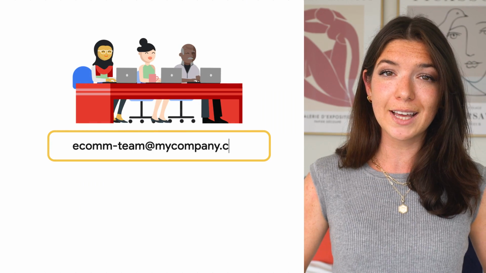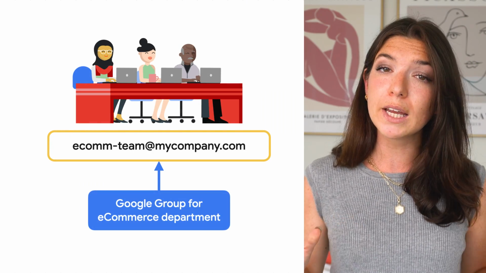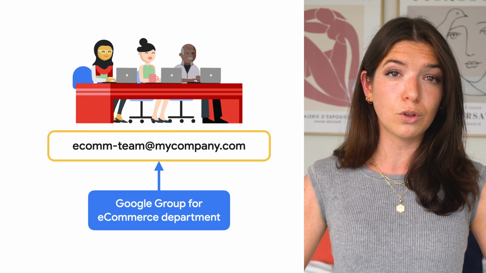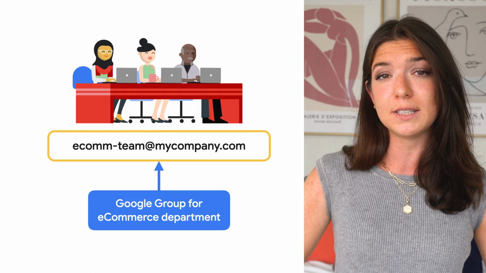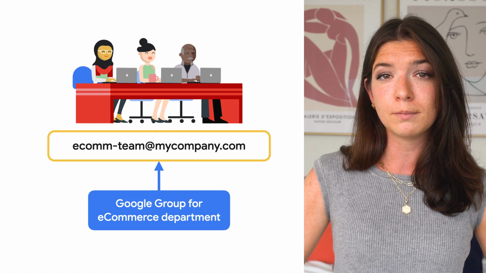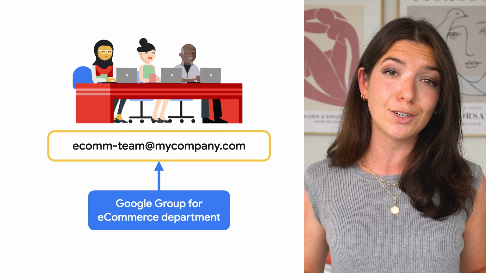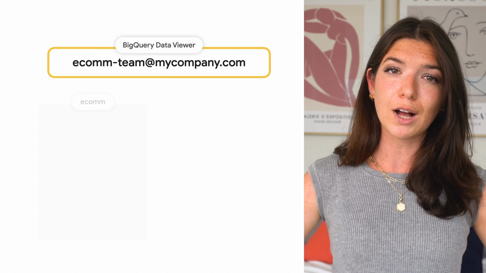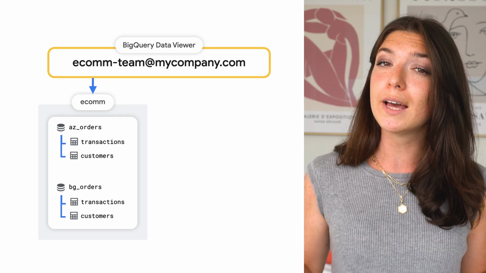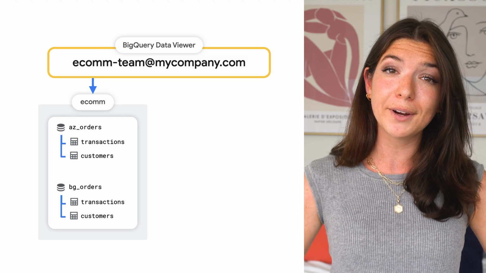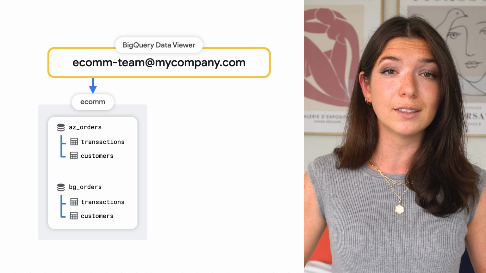When it comes to granting access to BigQuery data, many administrators choose to grant Google groups representing your company's different departments access to specific datasets or projects. So policies are simple to manage. Say you have a project that stores your organization's e-commerce data. You might give the e-commerce team the BigQuery data viewer role in this project.